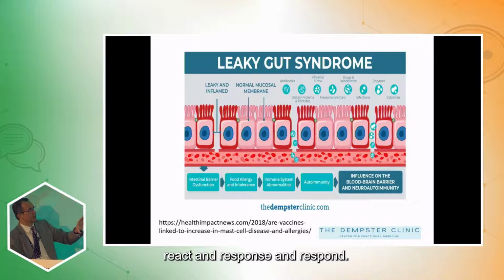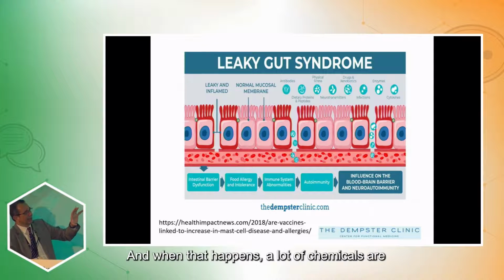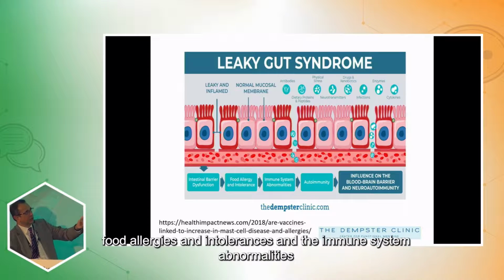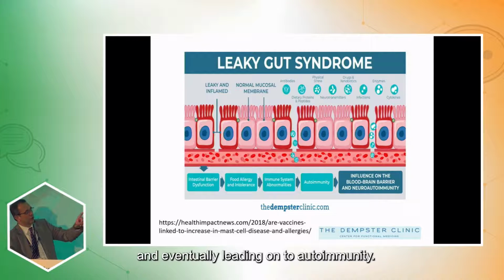react and respond. And when that happens, a lot of chemicals are released, and that is often the basis of the food allergies and intolerances and the immune system abnormalities, and eventually leading on to autoimmunity.